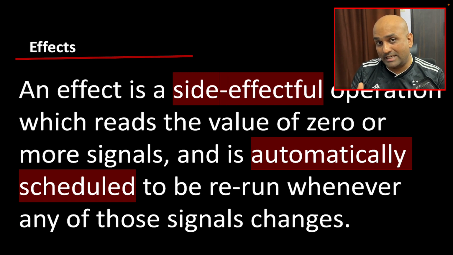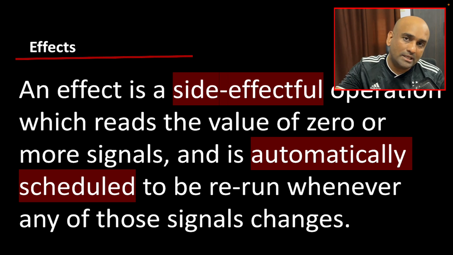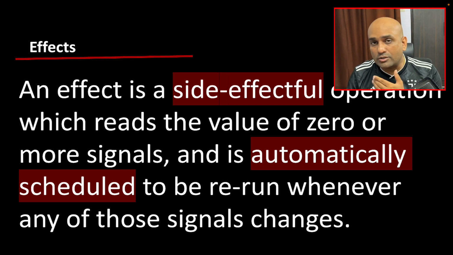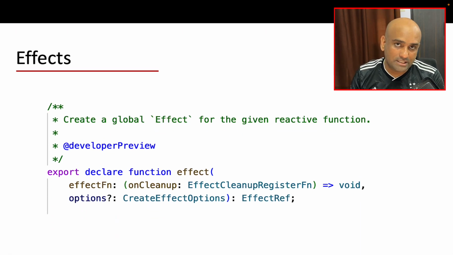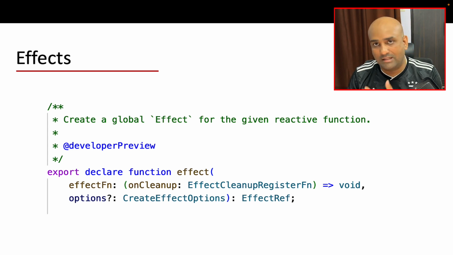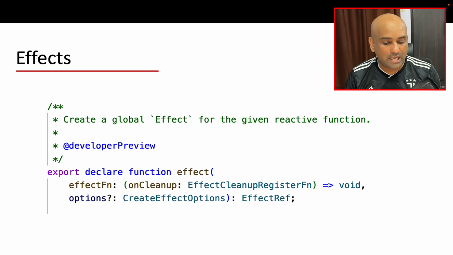So keep in mind that it does not run whenever the value changes in the signal. It is scheduled to rerun sometime in the future. So that's what effects are. You create an effect using the effect function, the way you create a signal using the signal function, and create a computed using the computed function.